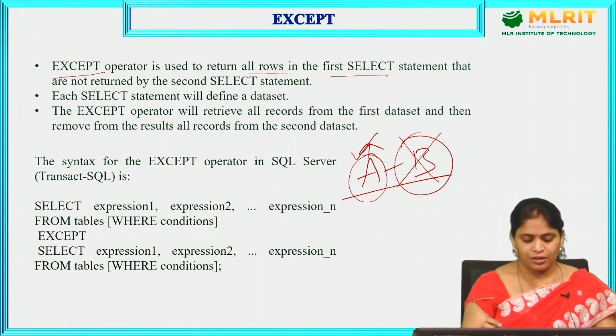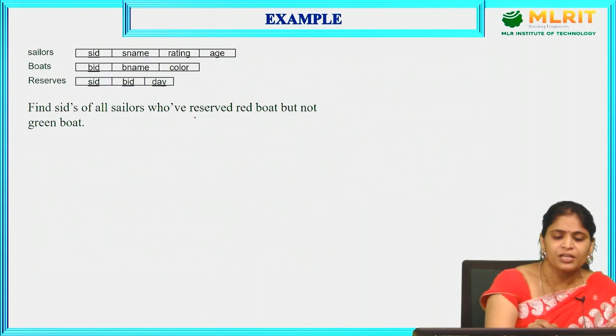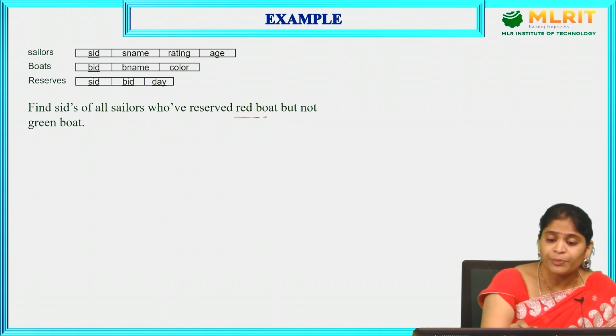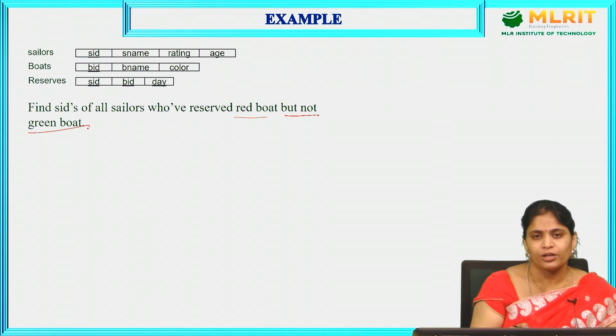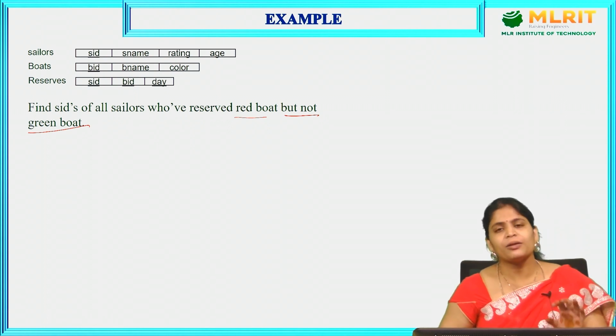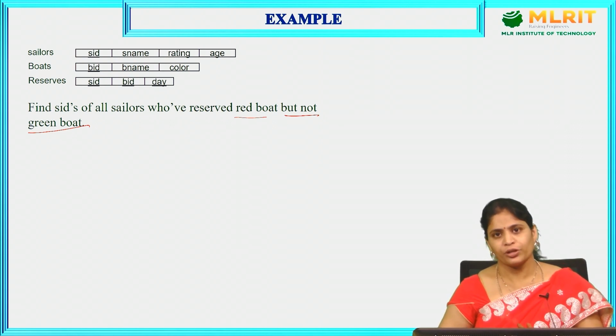See here, let us discuss this with an example, the same example. Find the SIDs of sailors who have reserved red boat but not green boat. That means, I have to print the sailors who have reserved red boat except green boat.